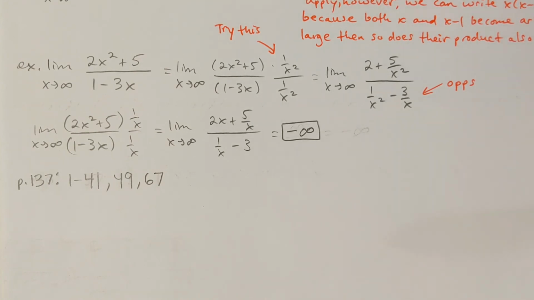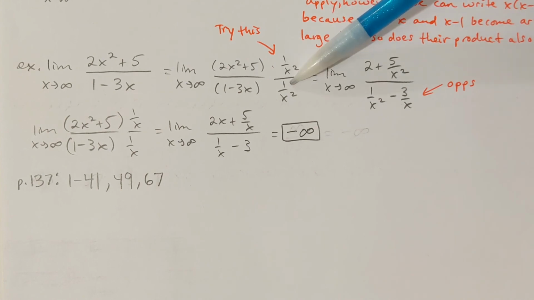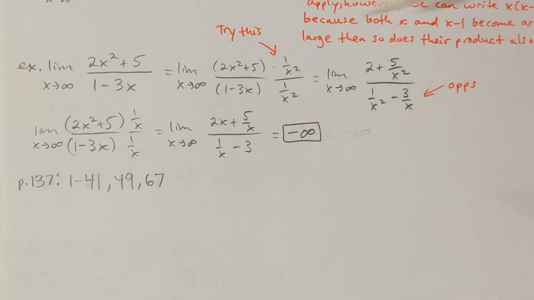Here's another example. Okay, the limit as x approaches infinity of 2x squared minus 5 over 1 minus 3x. Now, when you come up with the multiplier here and then use your limit laws, one thing that you want to make sure does not happen is you can't divide by 0.